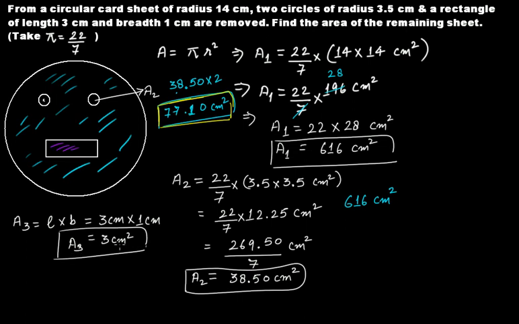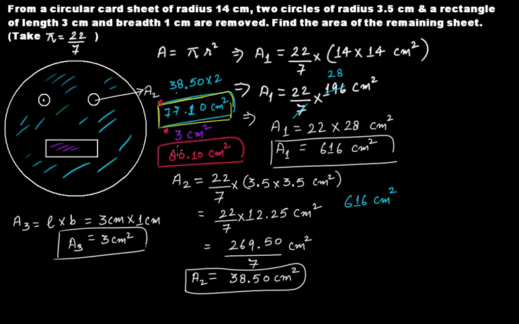This is 3 centimeters square. So the area of this rectangle is 3 centimeters square. If we add this area plus this area plus this area, you get 80.00 centimeters square.